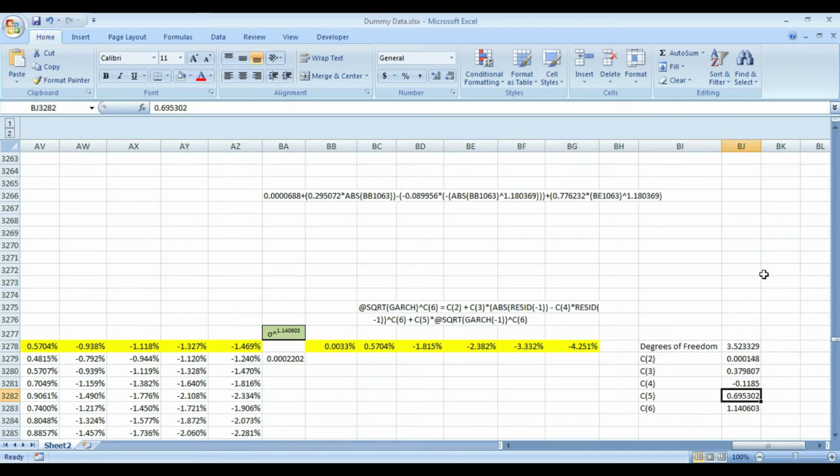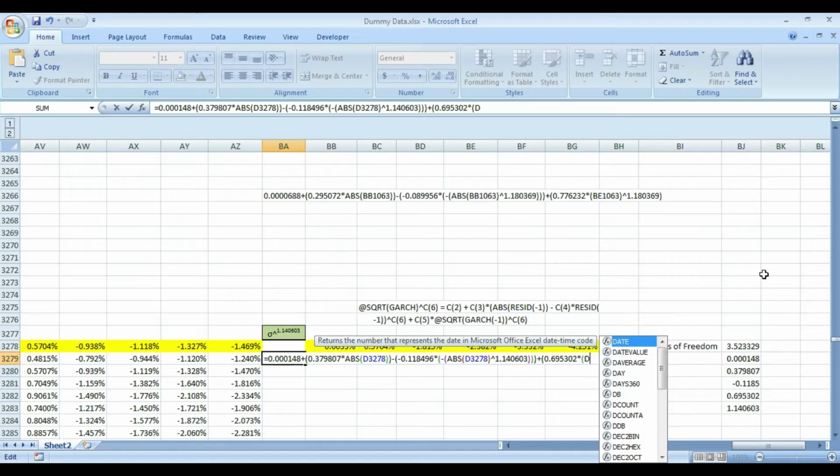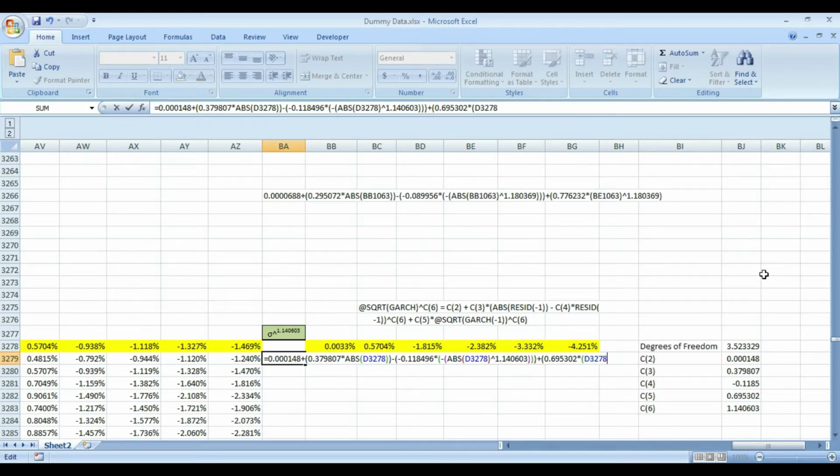C5 is this value. I will copy this. So plus open brackets C5 multiplied by residual n minus 1, which is simply D3278, right? I'll close the brackets and then it says to the power of C6.